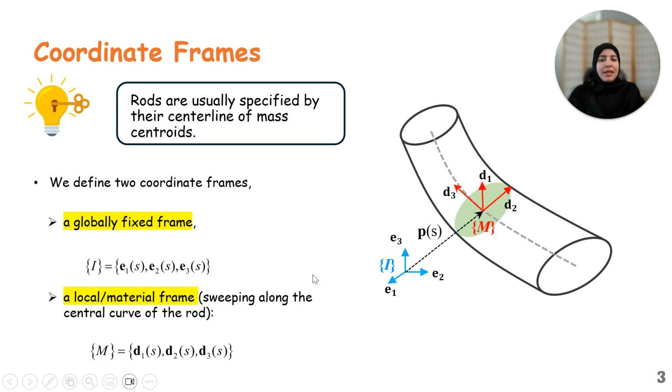This is represented by the basis vectors E1, E2, and E3. The second one is a local or material frame. This is a frame which moves along the center line of the rod, sweeping as it goes. We call this frame M, and it is described by the basis vectors D1, D2, and D3.